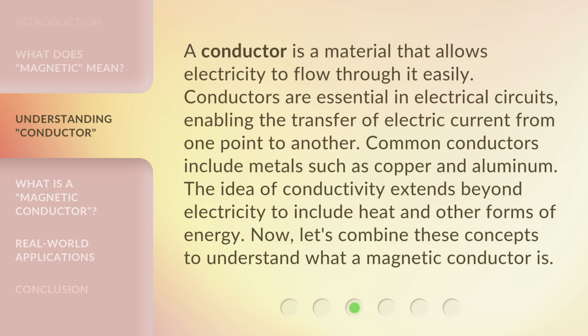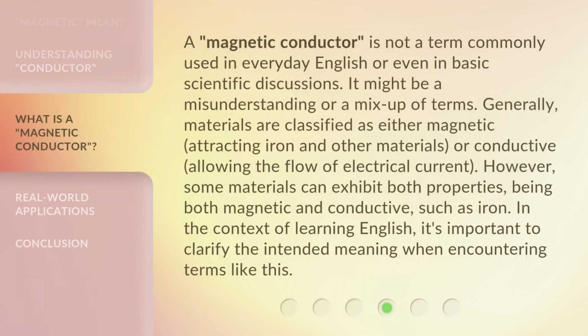Now, let's combine these concepts to understand what a magnetic conductor is. A magnetic conductor is not a term commonly used in everyday English or even in basic scientific discussions. It might be a misunderstanding or a mix-up of terms.